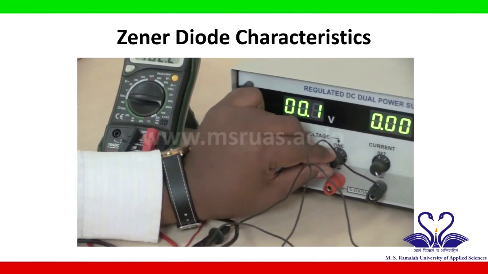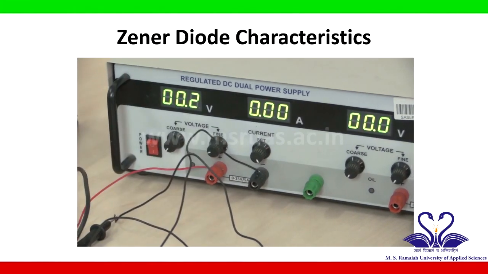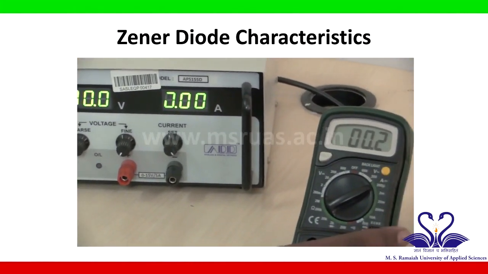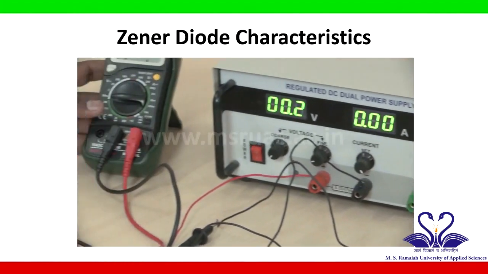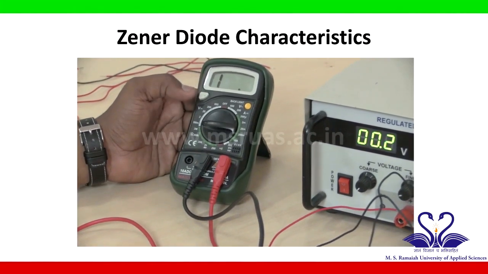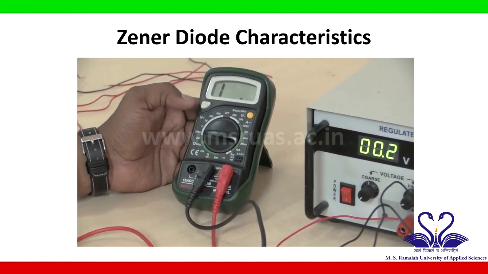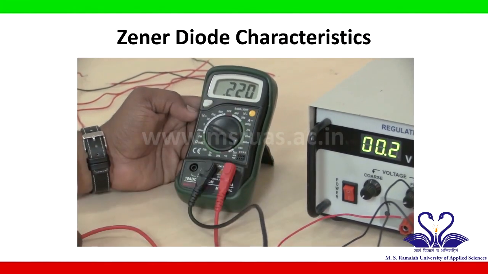Next, if I vary the input voltage to 0.2, the corresponding current is 0.2 microamps, and this voltmeter is showing a reading of one dot, which indicates that its range has been exceeded. So I have to change its knob to the next level.